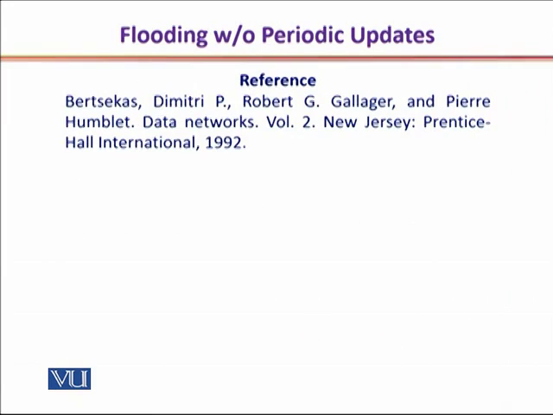Gallagher and Bertsekas have included very interesting routing scenarios which highlight the algorithmic implications of these networks. By looking at these, one can understand that flooding with periodic and non-periodic updates can be utilized to increase the overall consistency of the network.